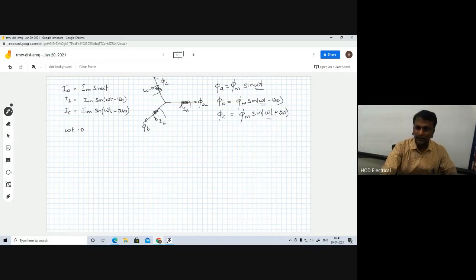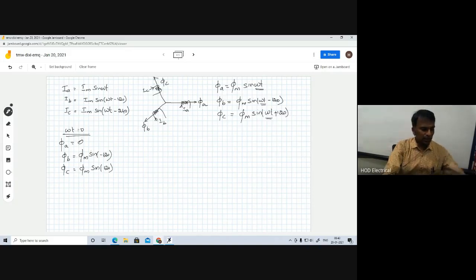So in the case of omega t equal to 0, we have phi A is nothing but phi M into sine 0, which is 0. Then phi B is nothing but phi M into sine of minus 120 degree. Then phi C is nothing but phi M into sine of 120 degree.